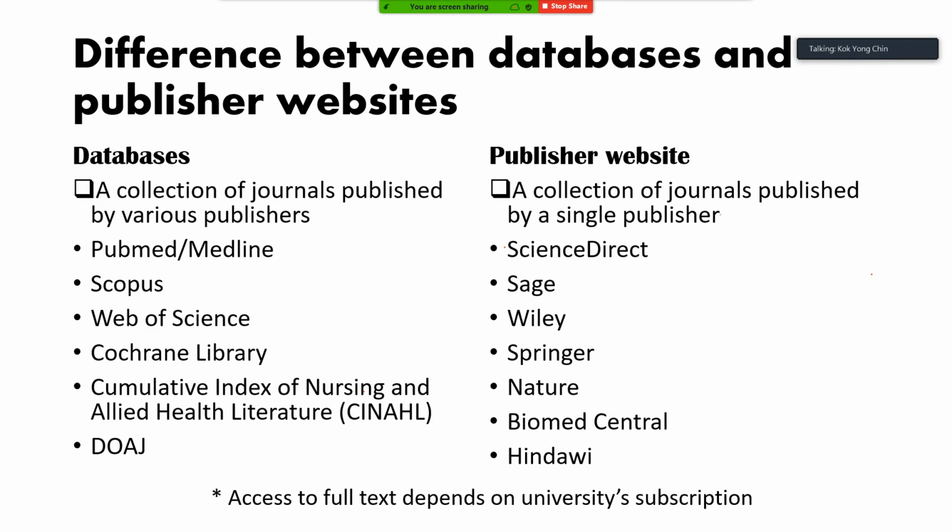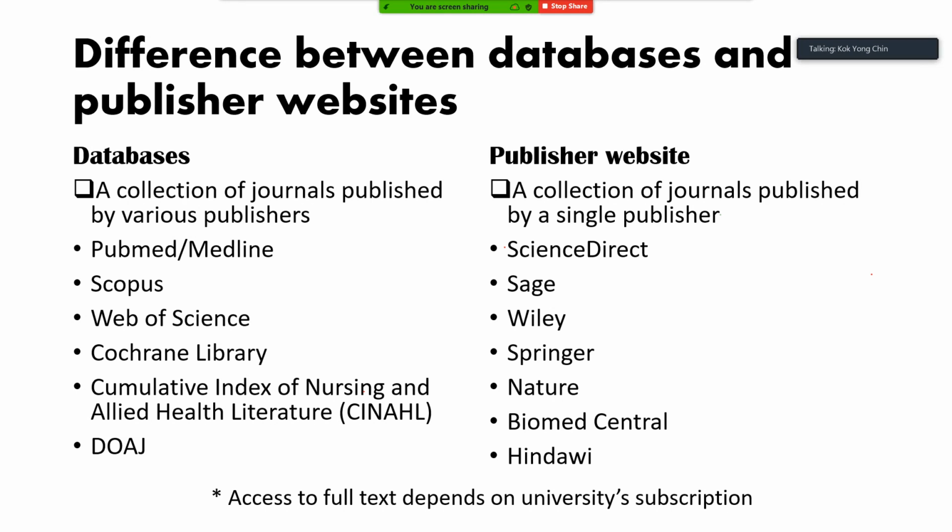This is for the novice writers, for fourth-year students, and also for postgraduate students who are just starting their postgraduate journey. The first thing you need when you are searching is to differentiate what are databases and what are publisher websites. I think some people cannot differentiate till now. Databases are collections of journals published by various publishers. In simpler terms, they are like Google for scholarly journals.